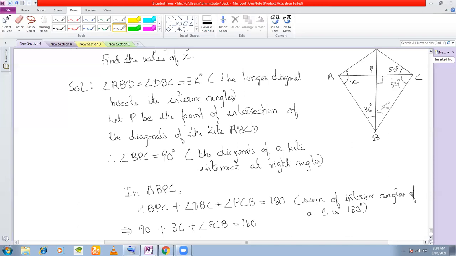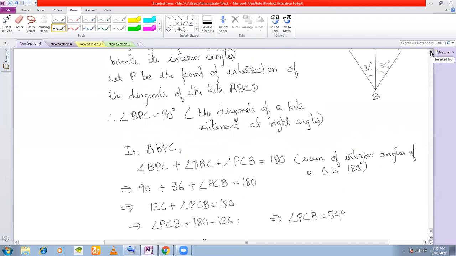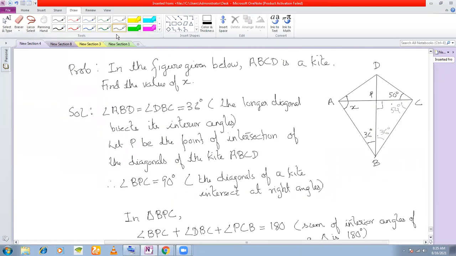Angle C is 50 plus 54, which is equal to 104 degree, right? So this entire angle here is 104 degree.